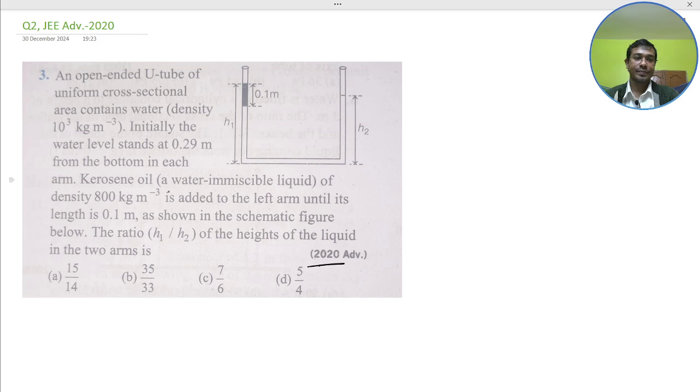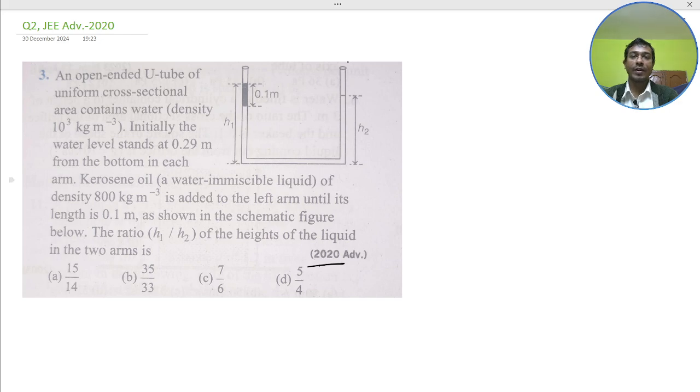Kerosene oil of density 800 kg per meter cube is added to the left arm until its length becomes 0.1 meter. Kerosene is not flowing into the right tube, and you have to find the ratio of H1 by H2.